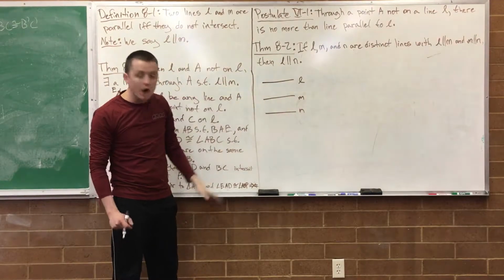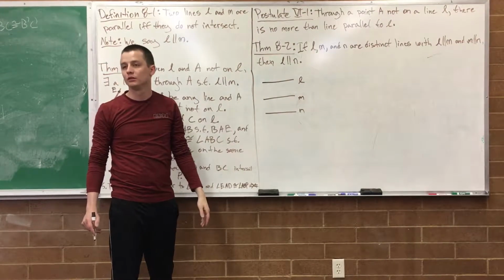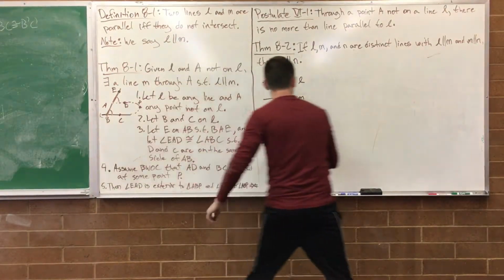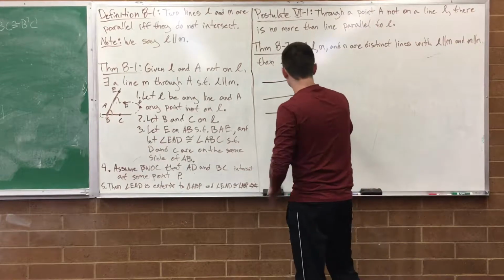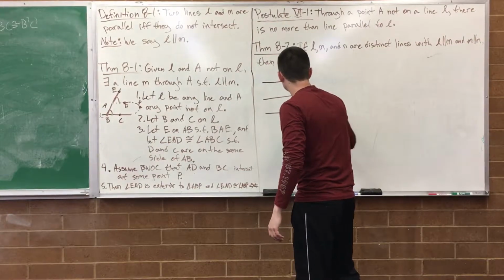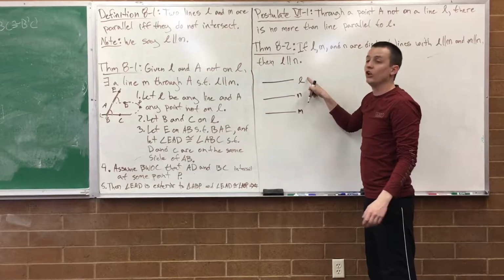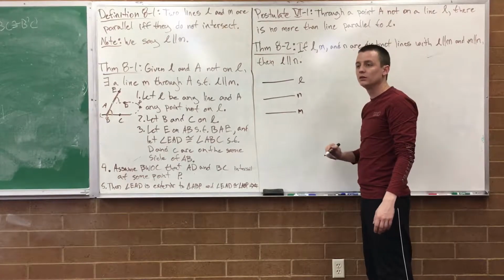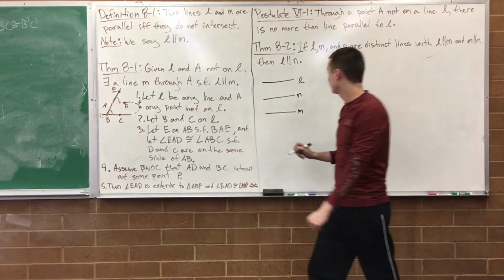Well, if L's not parallel to N, what happens? Let me draw, switch N and M places so that we can keep the picture a little cleaner. If N and L aren't parallel, what does that mean? They intersect.